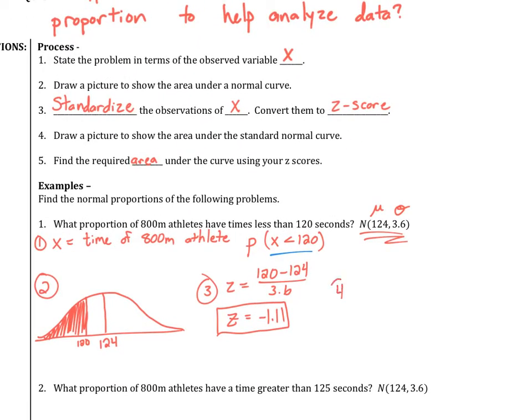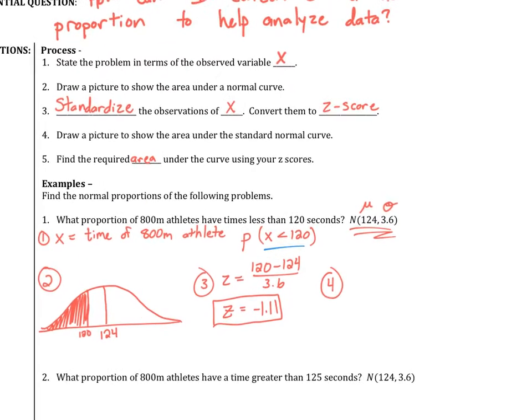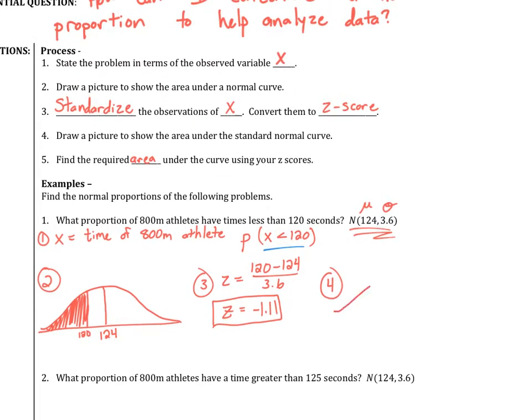Step 4, once you find your z-score, says draw a picture of the area under the normal curve. So now we're drawing a normal curve again. This time in the middle is going to be 0, and we're going to put -1.11 on here.